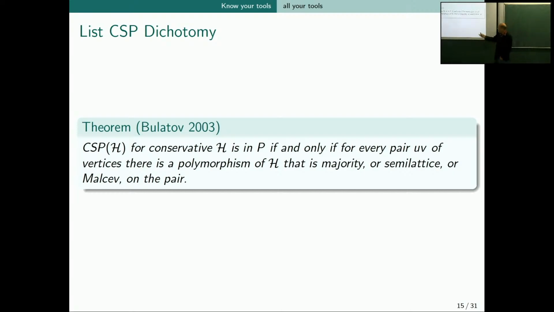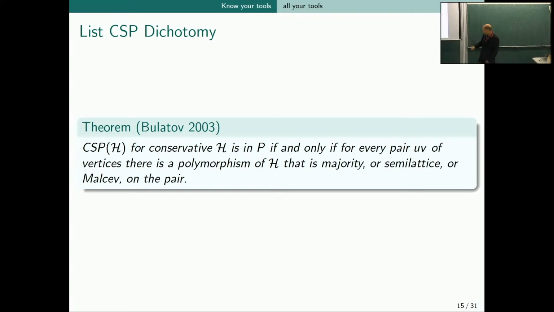He showed that for each pair of vertices, there's a polymorphism on the graph that is majority. That's another word for 3NU, or semilattice, or Maltsev on that pair of vertices. It turns out this is actually a weak near unanimity polymorphism. It gives a WNU, and so he proved the dichotomy.